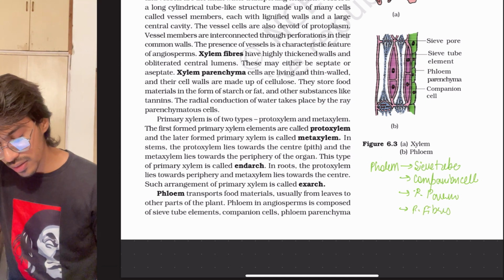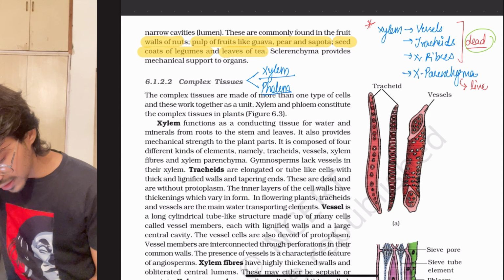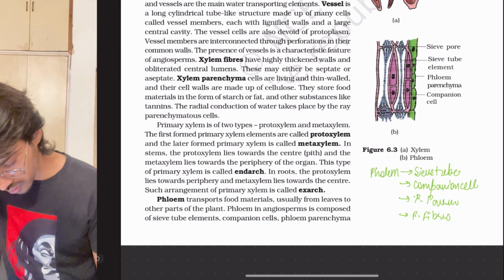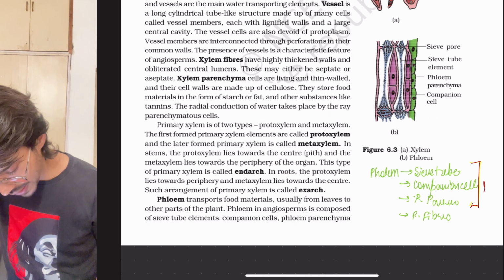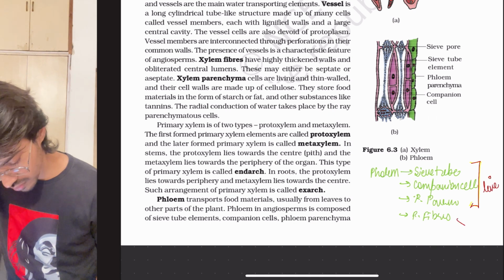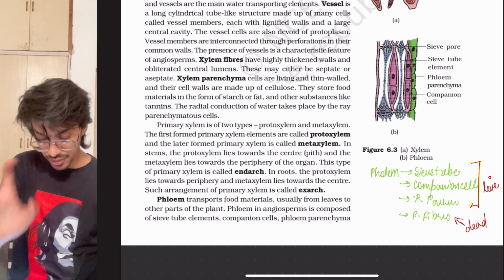Over here, these three were dead. Here these three were live, but the fibers were dead. You have to remember this fact. This question comes every time.